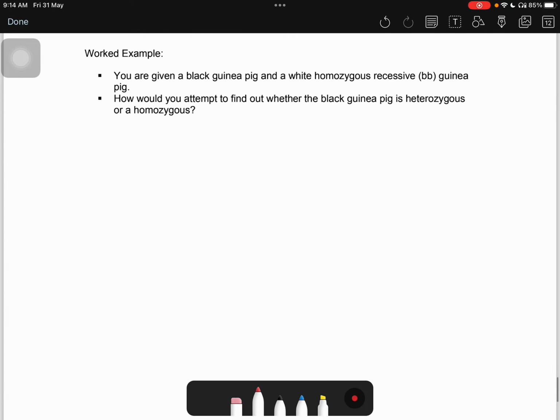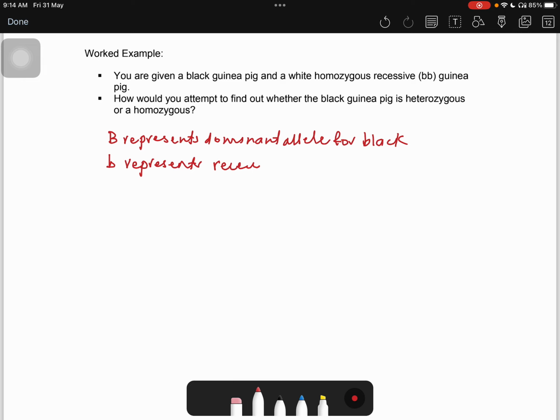In this given example, you are given a black guinea pig and a white homozygous recessive. Always start off with a legend as well. We know that big B represents the dominant allele for black, and small b represents the recessive allele for white.